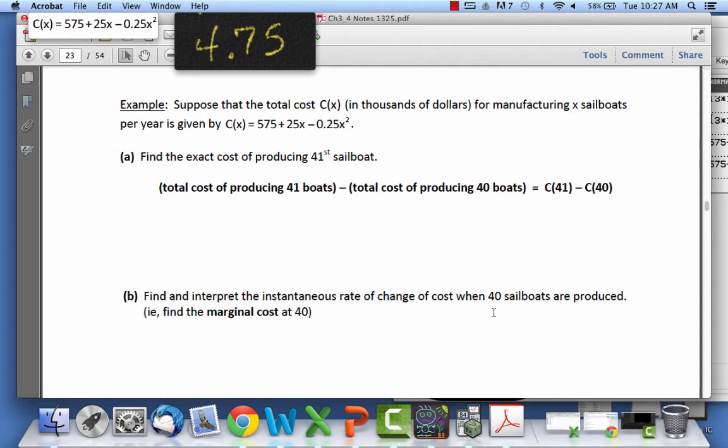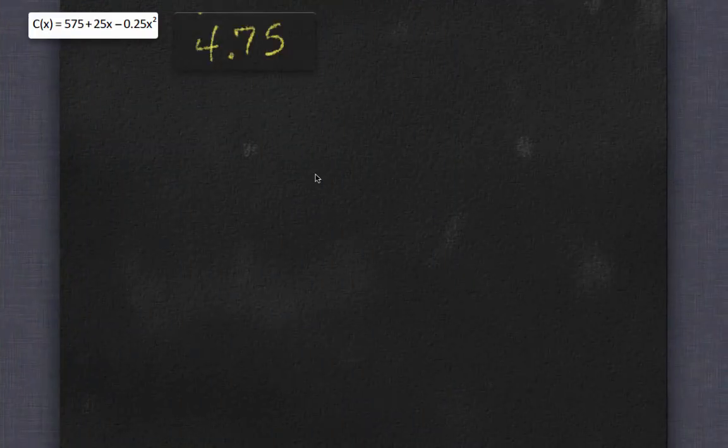So this won't be exact, but if I had the marginal cost generally as a function instead of just finding it at 40, then I'd be able to do this for any value, right? And so it would be faster. So I'm going to do the instantaneous rate of change at 40.